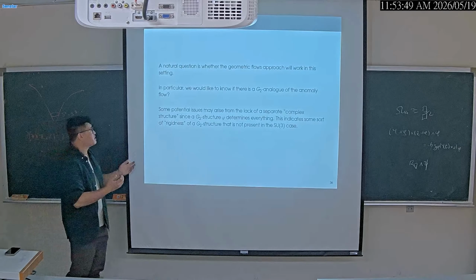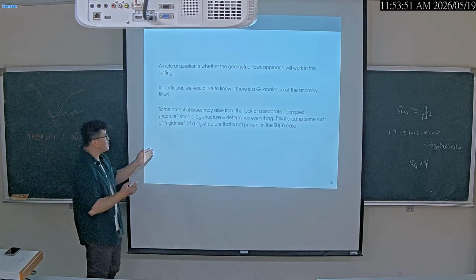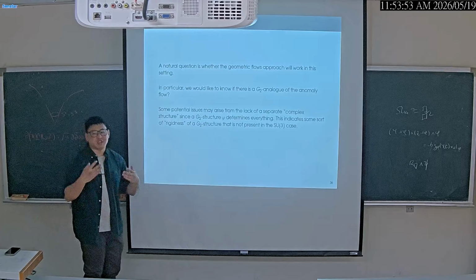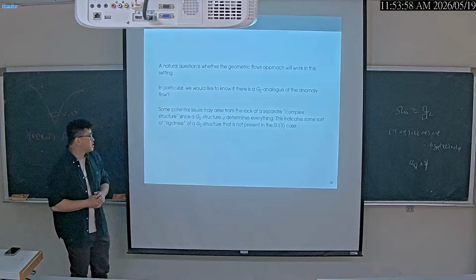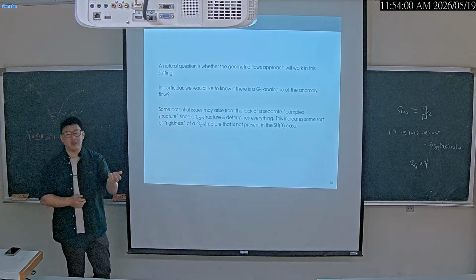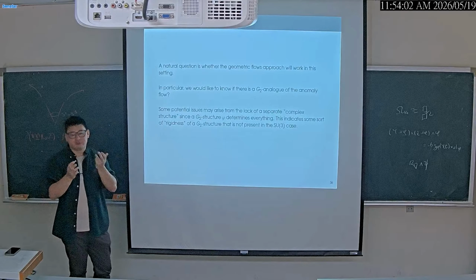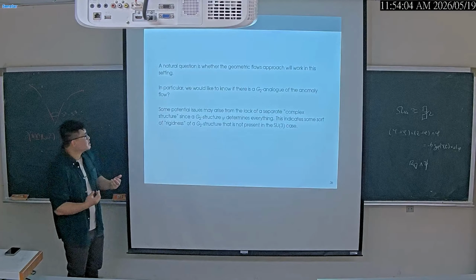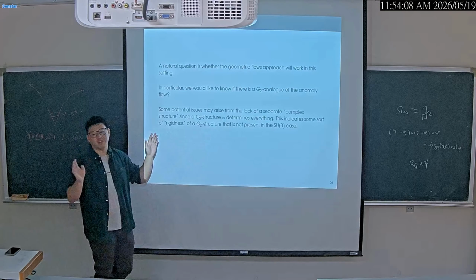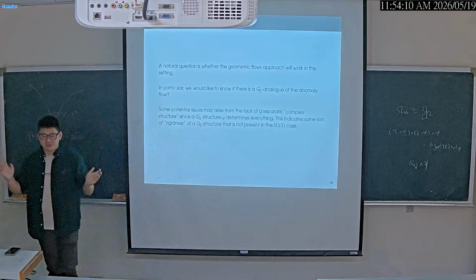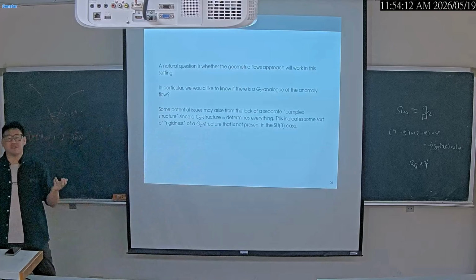Before we continue, there are going to be some issues with this. Firstly, we're in 7 dimensions, so there isn't really a complex structure, right? When you're working in the SU3 case, you have omega, you have epsilon, and you can sort of tune both of them separately. Here in the G2 setting, you only have one form. You have one form phi, and this determines everything. So in a sense, G2 structures are more rigid.